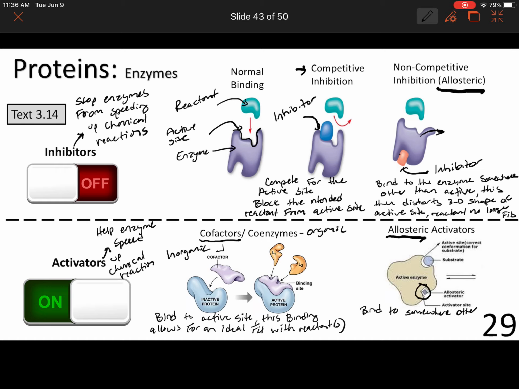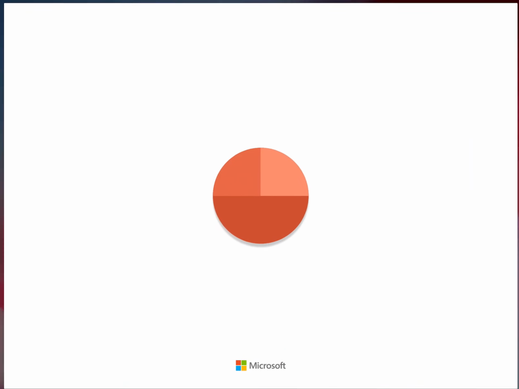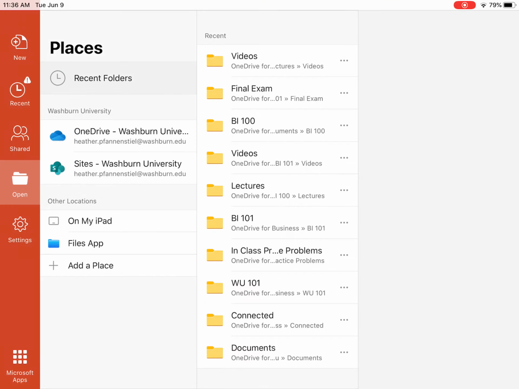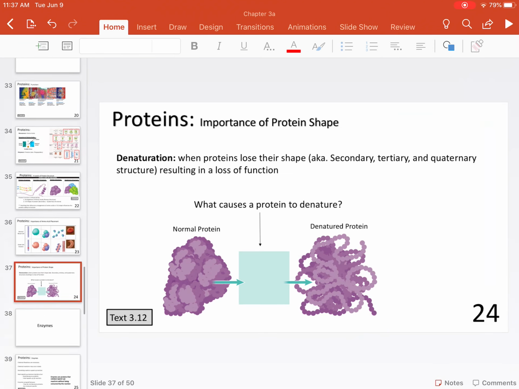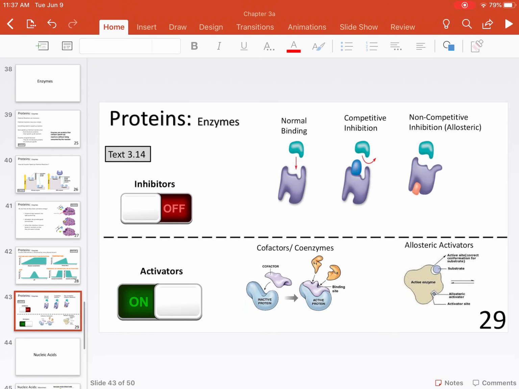So allosteric activators bind somewhere other than the active site, thus stabilizing the 3D shape of the active site.